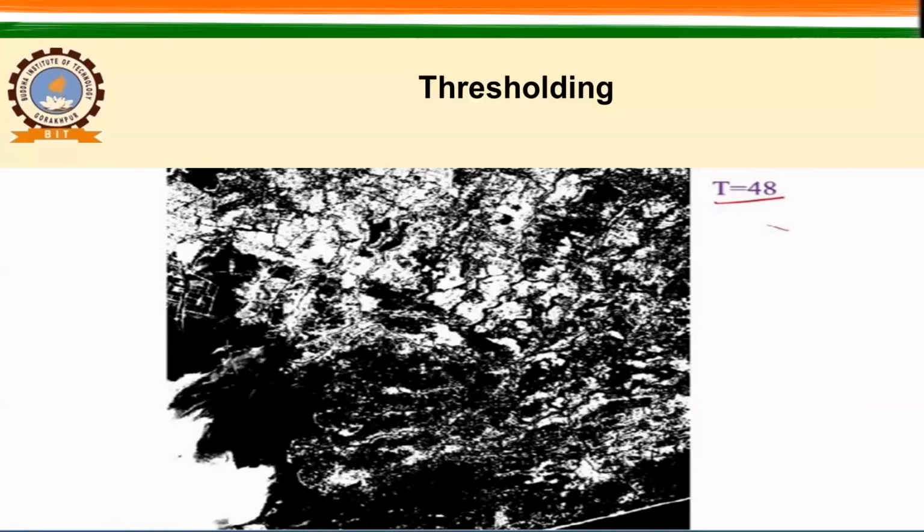Now after applying the thresholding, here T equals 48. I have given 48 as the threshold, so after 48 everything is here. This kind of logic you can use to highlight a certain value range of the DN value, or only that particular DN number.